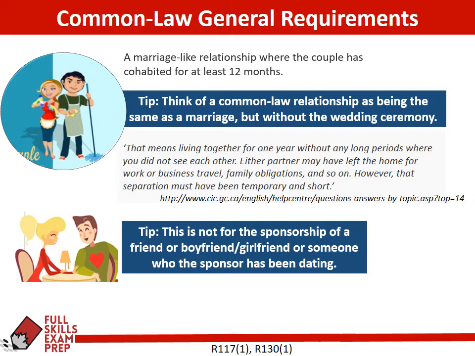So when you explore this scenario and compare it to Regulation 117.1 or Regulation 131, and those court cases that are at the bottom of the webpage here at www.fullskillsexamprep.com, then you can see that this is certainly a marriage-like relationship.